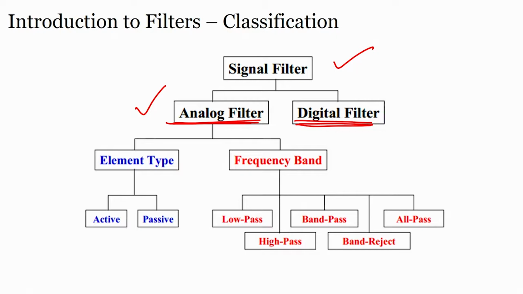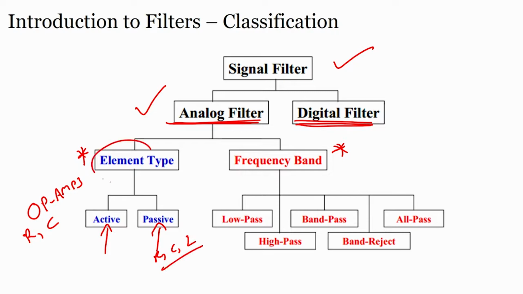Analog filters are further divided into two branches: based on element type and based on frequency band. Element type is either active or passive. Active uses op amps, resistors, capacitors; passive uses resistors, capacitors, inductors.